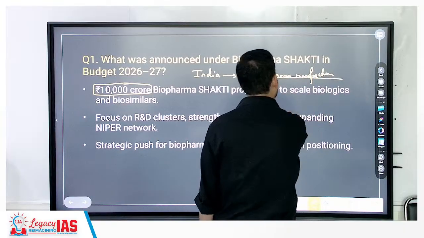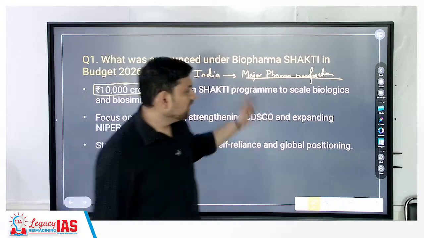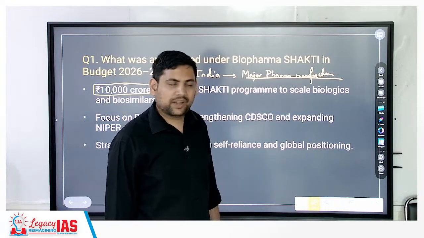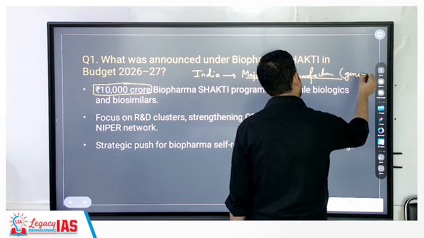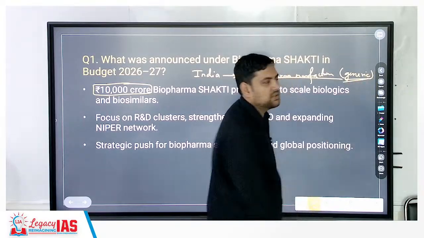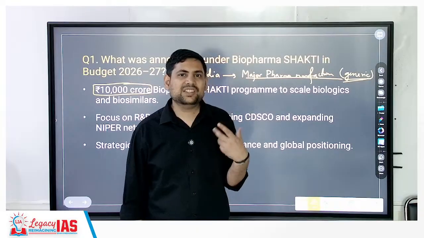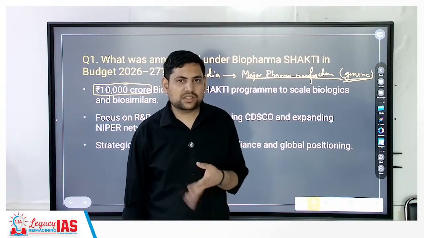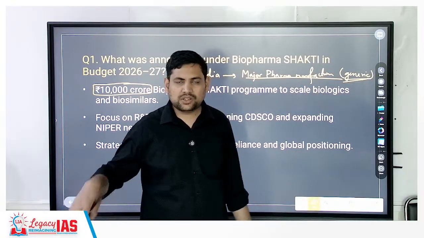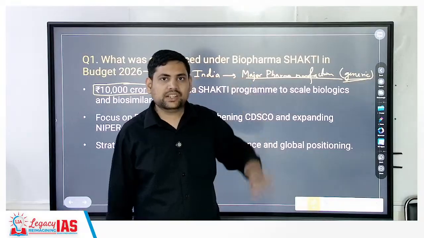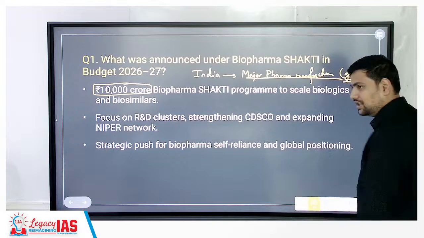So basically we produce a lot of pharma medicines, not developed by us but by others, but we manufacture a lot of them, mostly the generic versions. So once the patent of those simple pharmaceutical medicines, for example paracetamol, amoxicillin, expires, we make generic versions of them at a very cheap cost and supply them around the world. That is why India is called the pharmacy of the world. Okay, so this is what we do, this is what we are good at.